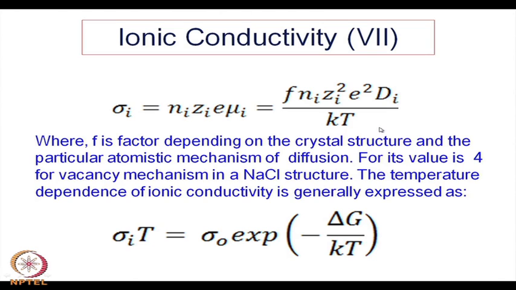So, that is an important consequence and an important point to be noted: sigma I also has T in the denominator, in addition to the exponential term, and the factor f depends on the crystal structure and the particular atomistic mechanism of diffusion.